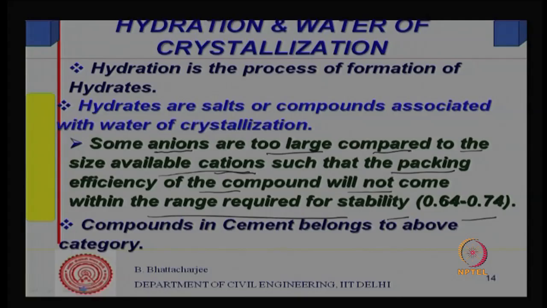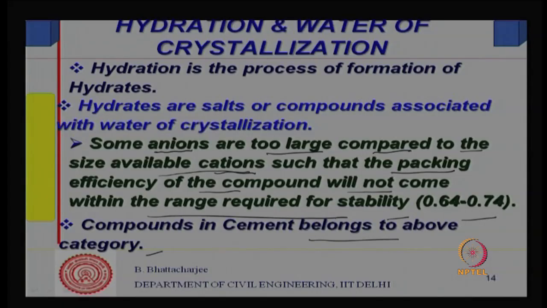And when you do not have a stable packing density, they actually take water. Cement belongs to this kind of compounds, because calcium cations are small, and with these large anions the packing is not stable, the packing density is not stable. In such a situation, what happens?